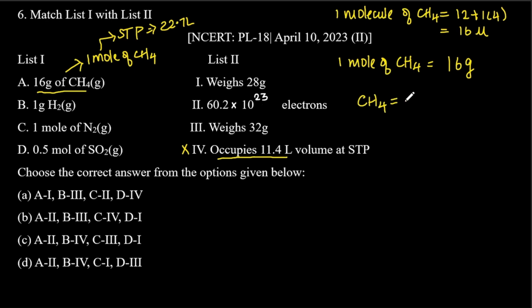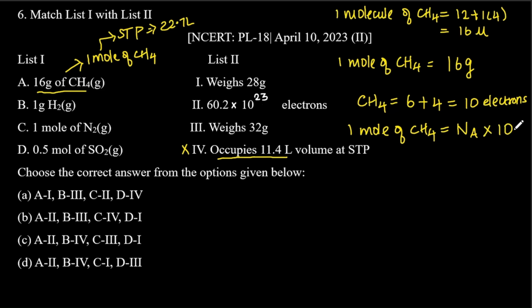In a methane molecule, carbon contributes 6 electrons and each hydrogen atom contributes 1 electron, so totally 4 electrons from hydrogen. So in one molecule, 10 electrons are involved. Now if I take 1 mole of CH4, we have Avogadro number of molecules and each molecule contributes 10 electrons.